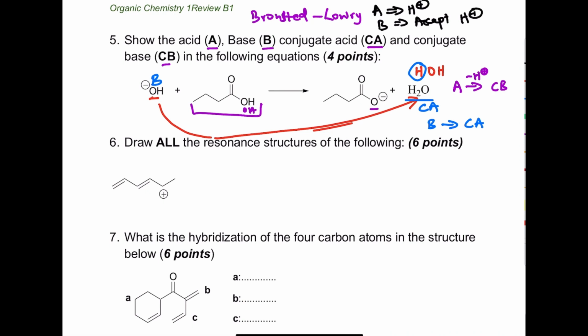That means you have lost a proton. Because of that, this will be the acid, and then it loses a proton to give you a conjugate base. So we see that the answers are base for that, acid, conjugate base, and conjugate acid.